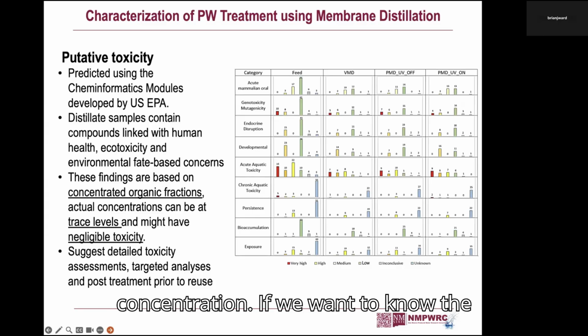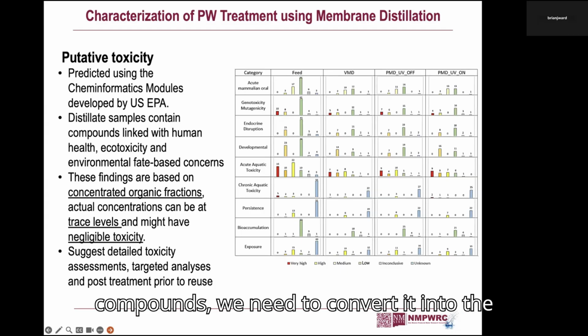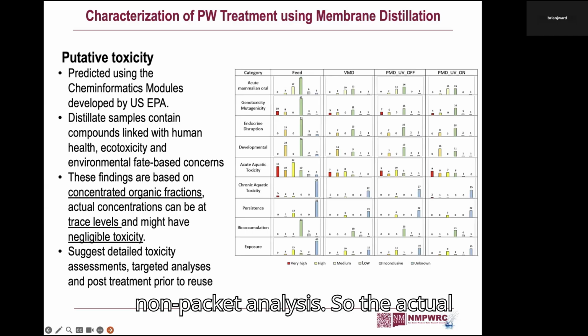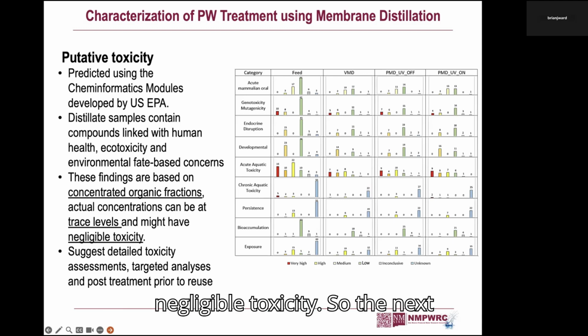If we want to know the concentration of those very toxic compounds, we need to convert to targeted analysis. So the actual concentration could be very low in the treated produced water, and may have negligible toxicity.